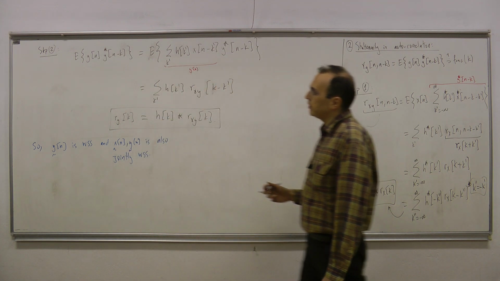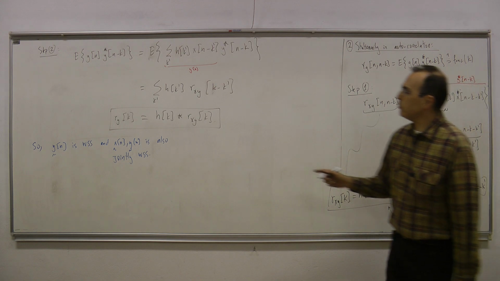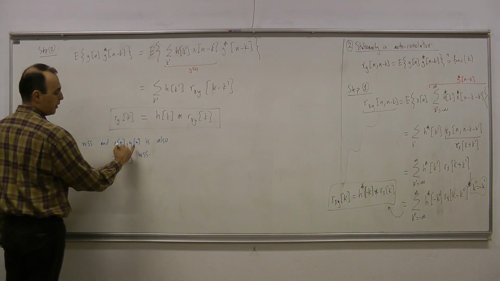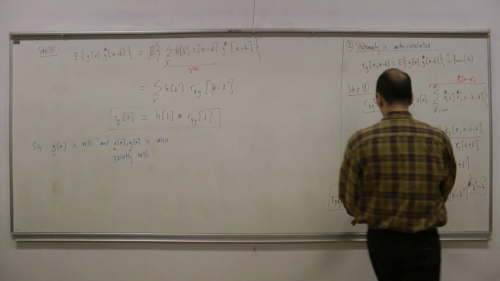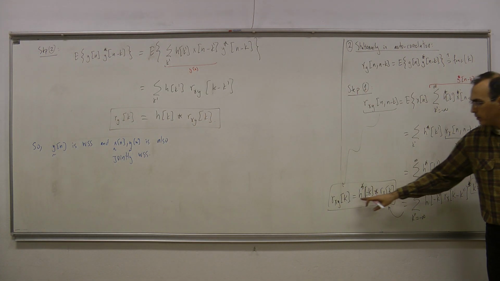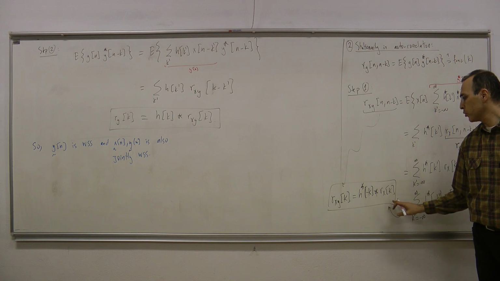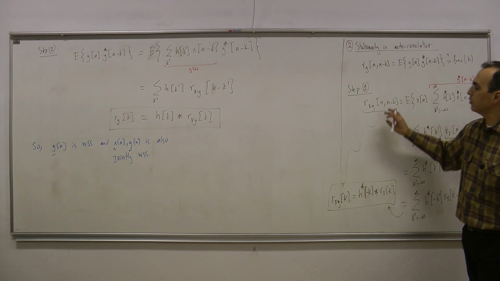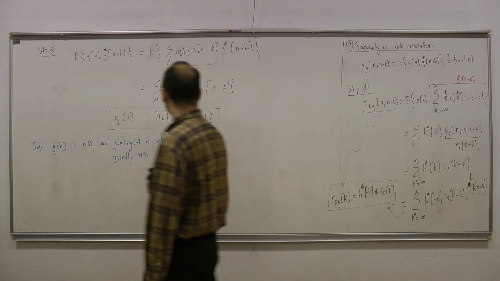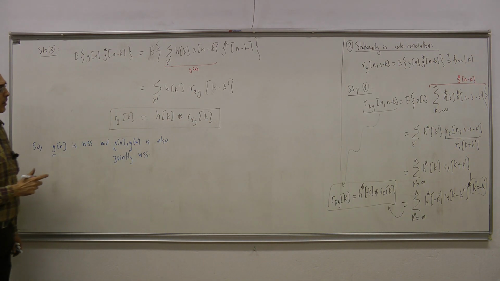So what was the jointly wide sense stationary definition? Individual processes should be wide sense stationary, x and y. You see they are wide sense stationary, and their cross correlation should be a function of lag only, as you see. This is what we have calculated. It should be independent of sampling times, or the origin of the sampling time.